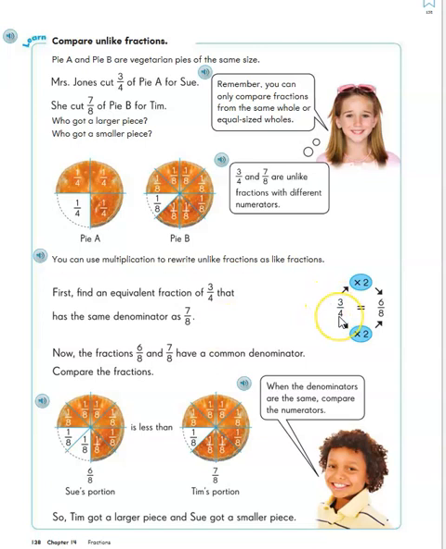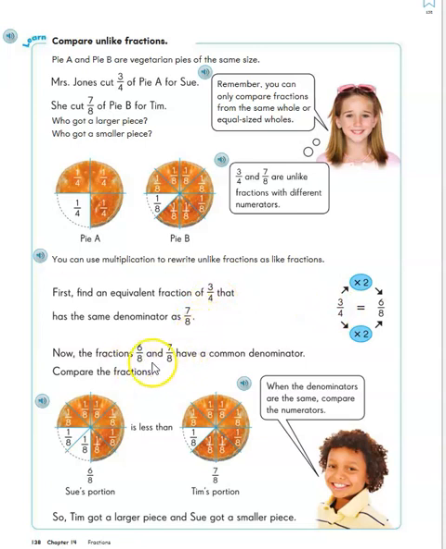Of course, if we multiply the denominator, we've got to multiply the numerator too. So we know 3 times 2 is 6, which means that 6/8 is equivalent to 3/4. So now we've found an equivalent fraction of 3/4 that has the same denominator as 7/8.